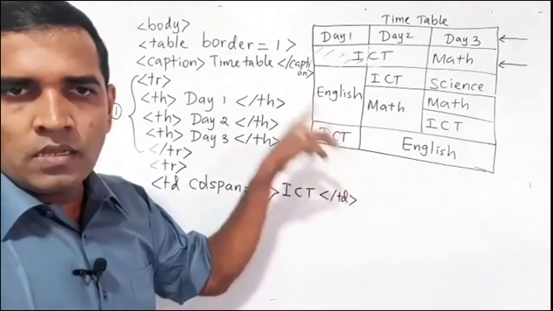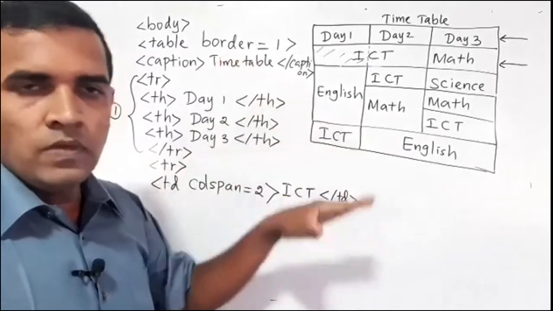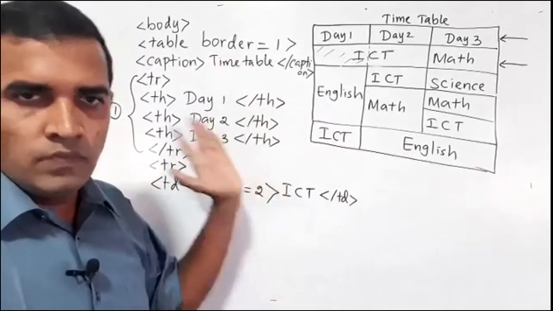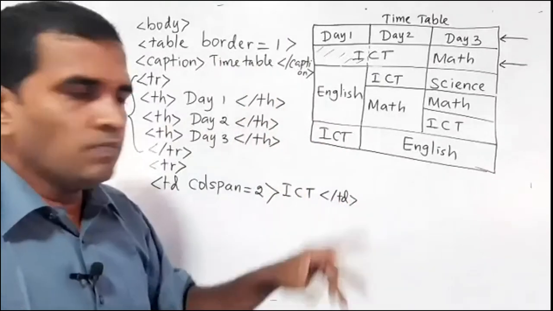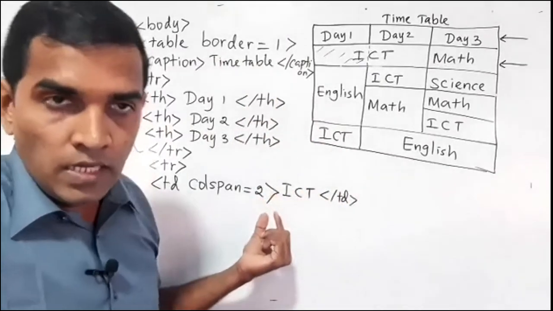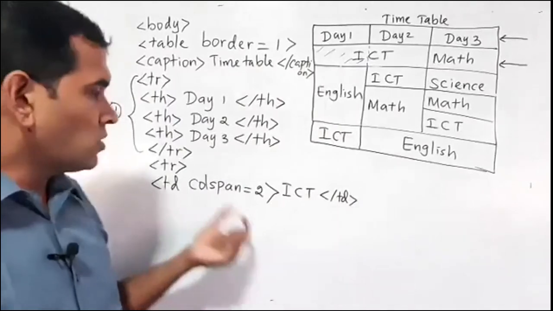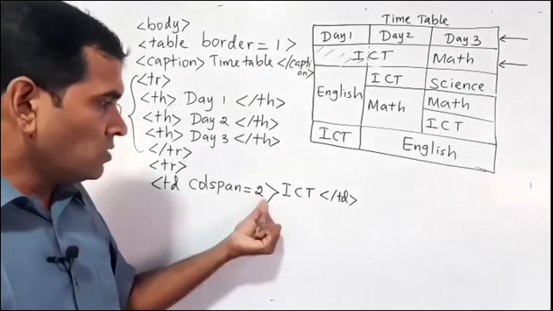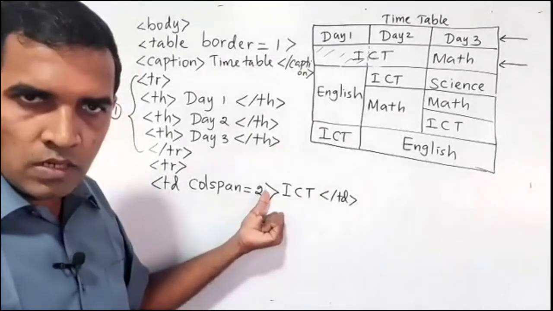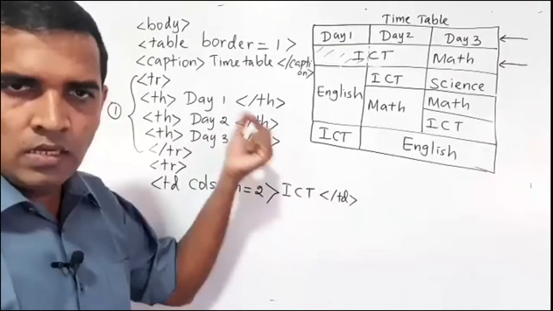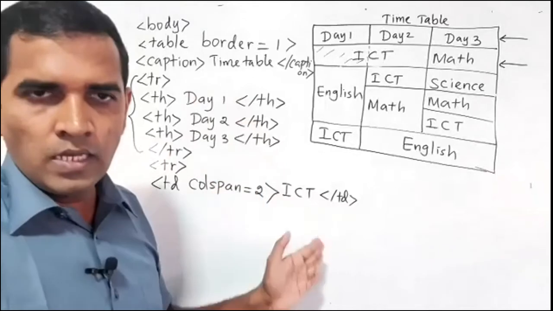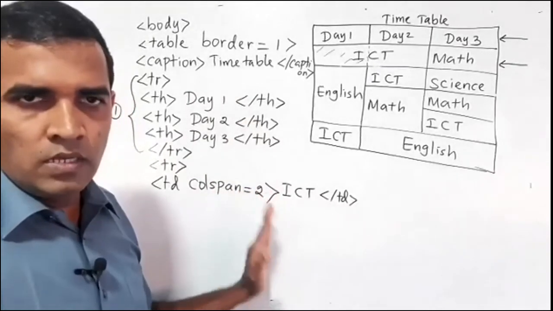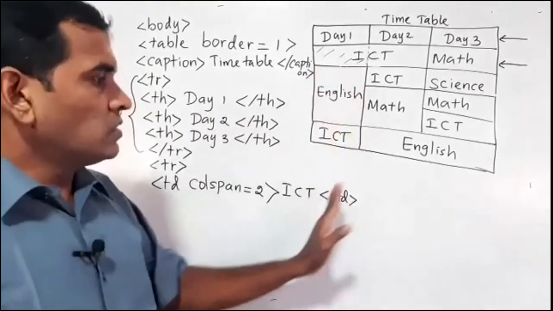Every cell, by default, has its data in left alignment. But if you want to display anything in center, definitely the align attribute is used, right? So how to use that? We have already used colspan 2, then leave a space, align equal center. But I just skip that one. So remember, that is important.